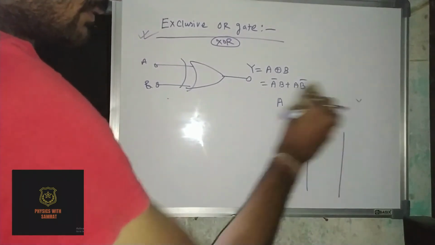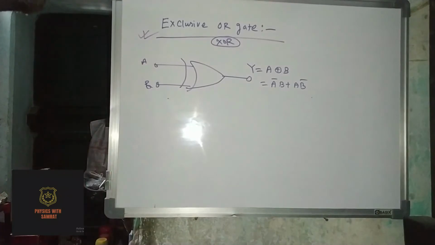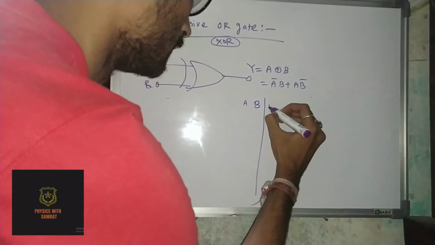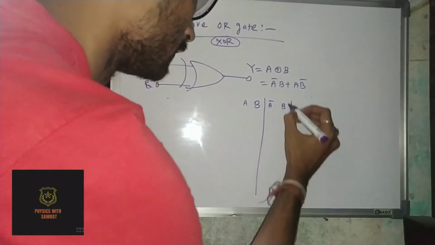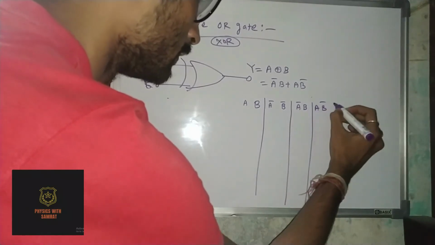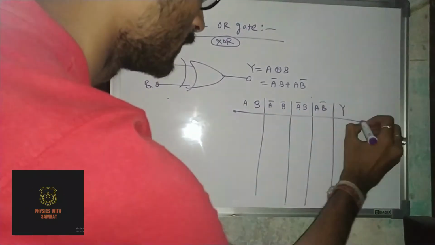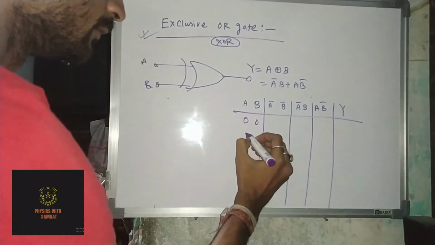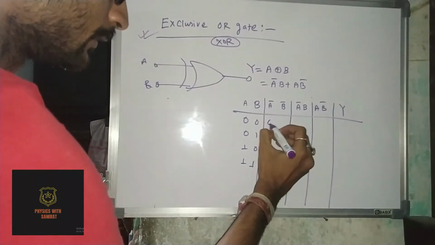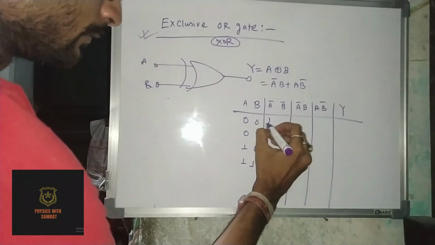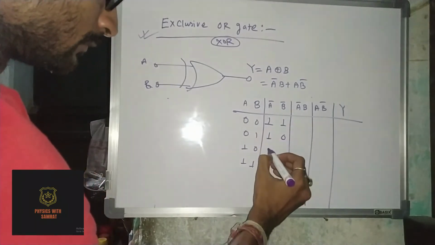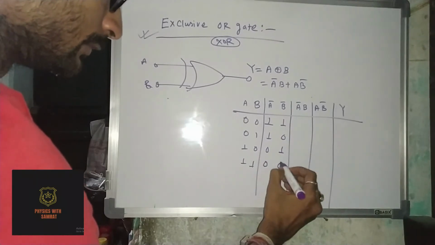No, this is not the suitable way by which we will get the proper value. A, B, A bar, B bar, A bar B, A B bar, and output. Okay, now see 0 0, 0 1, 1 0, 1 1. After complement, A bar will be 1, this will also be 1 1 0 0 1 0 0.